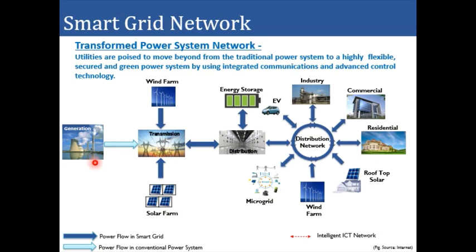So to have effective monitoring and control of the distribution system as well as the transmission system and the generating resources, we need an intelligent ICT network, that is, information and communication network. So in this case, every entity which is integrated into the electrical power system has to be communicable.